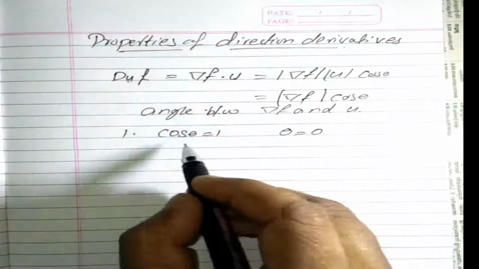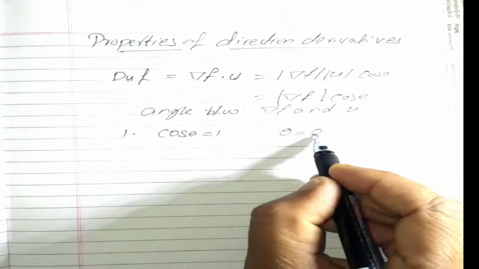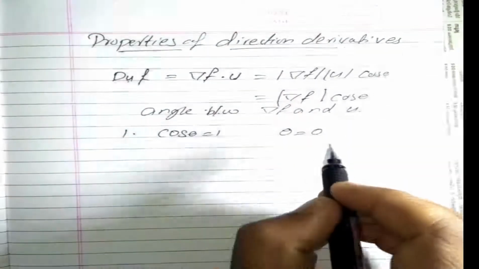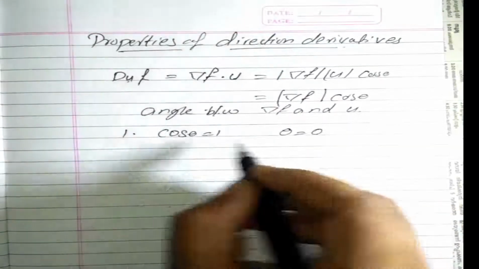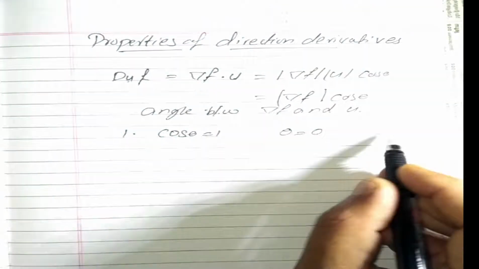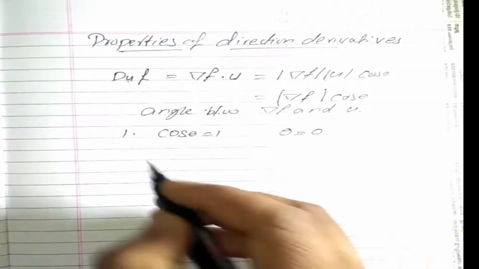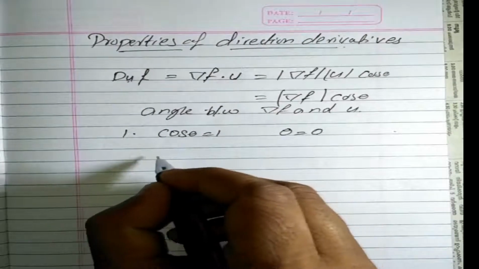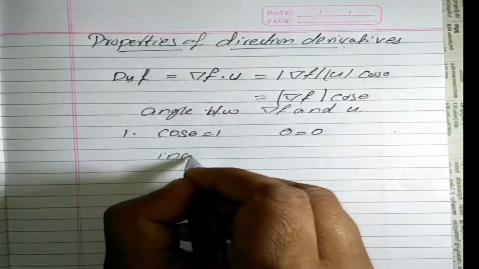So the first property: cos theta is equal to 1, theta equal to 0. This is a positive value, and the function is increasing most rapidly.